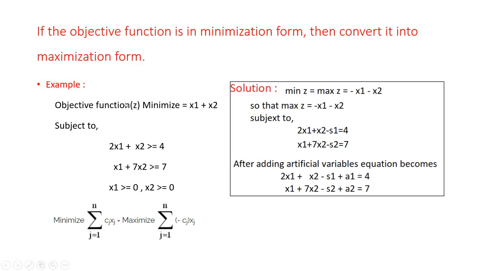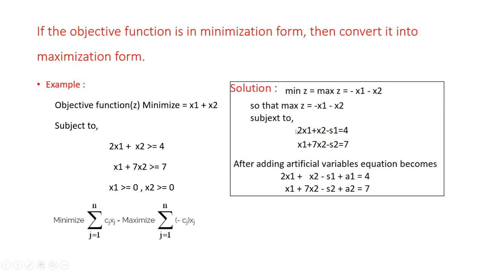So the objective function becomes maximize z equal to minus x1 minus x2, and the remaining subject constraints become 2x1 plus x2 minus s1. For the equality purpose, we have to make the LHS equal to the RHS. Since the LHS is greater than or equal to the RHS, we use a surplus variable. If we subtract s1 from the LHS, the LHS and RHS become equal.